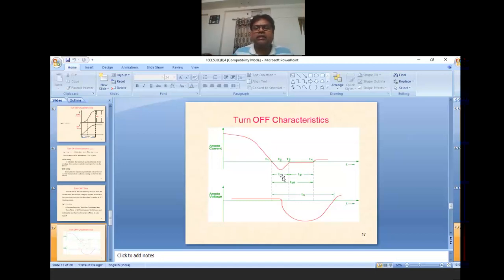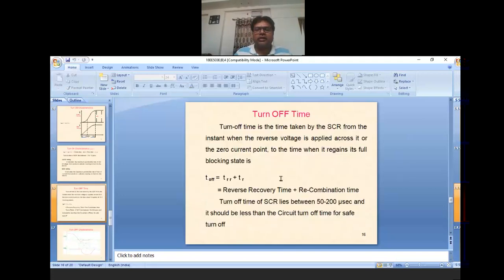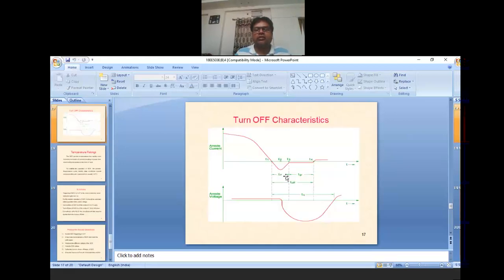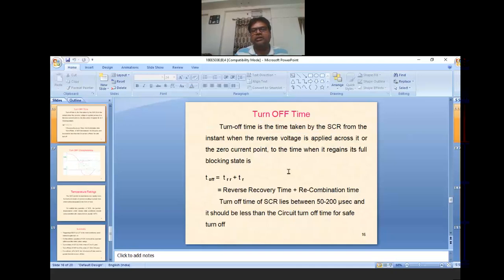TQ. TRR is the time for which reverse recovery current flows. The time for which the reverse recovery current flows is called TRR, and it increases gradually and decreases when reverse recombination of electron hole pairs occurs.